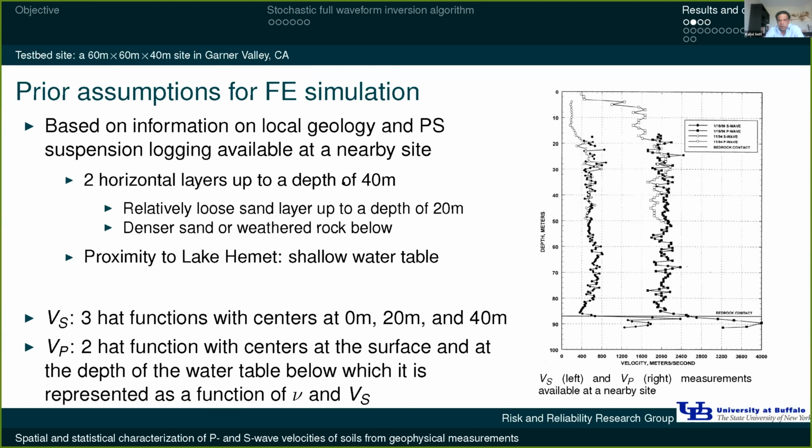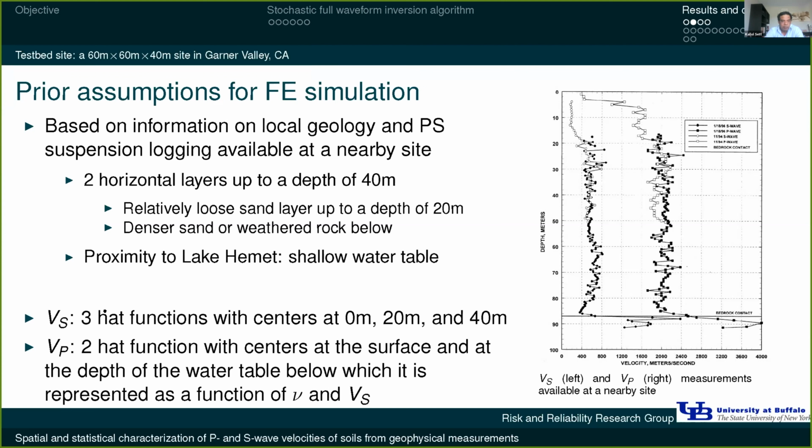As you can see from this plot, from the PS suspension logging, there are two horizontal layers up to a depth of 40 meters: a relatively loose sand layer up to a depth of 20 meters, and denser sand and weathered rock below. And the local geology tells us that the site is located very close to Lake Hemet, so the water table is expected to be shallow, even though there will be some seasonal variation.